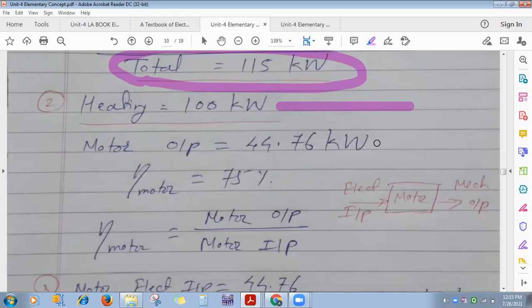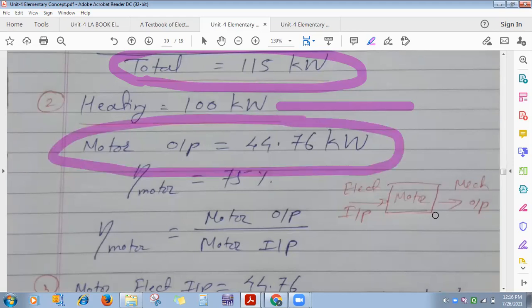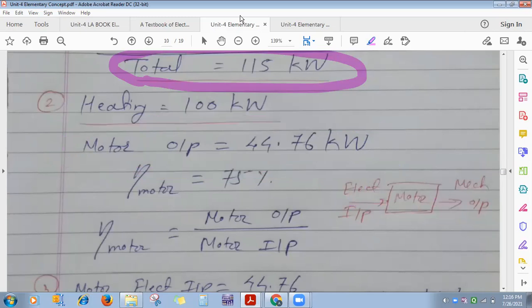Sometimes the motor specification is given in HP or watt, and that is its output power and not the input. Clear? For a motor, electrical is the input and output is mechanical. So whenever I say it's a 1 HP motor, 1 kilowatt motor or 5 HP motor, that is always its power output.